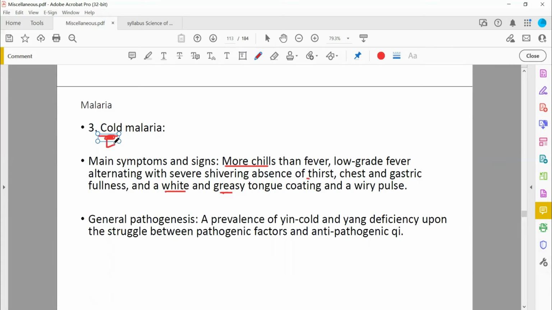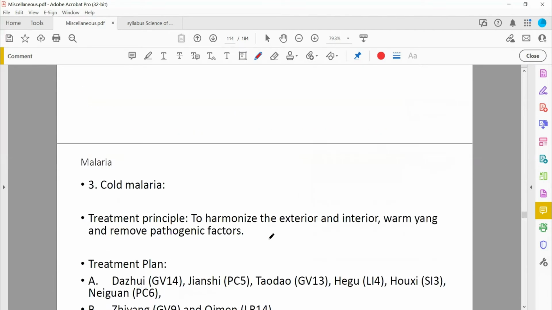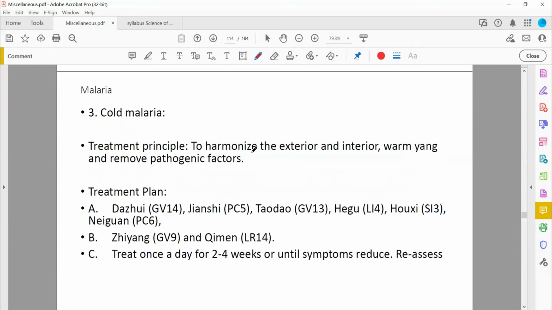This one is called cold malaria. A prevalence of yin cold and yang deficiency in the struggle between pathogenic factors and healthy qi. To harmonize the exterior and interior, warm yang, and remove pathogenic factors.